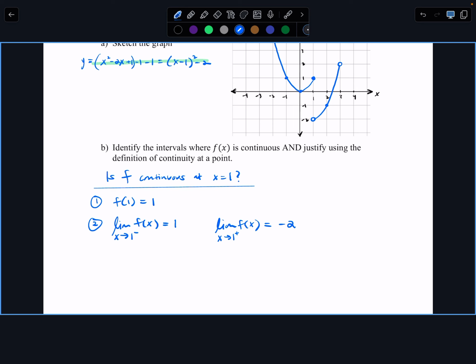Then we could conclude that since the limit as x approaches 1 from the left of f of x is not equal to the limit as x approaches 1 from the right, the limit as x approaches 1 is DNE.